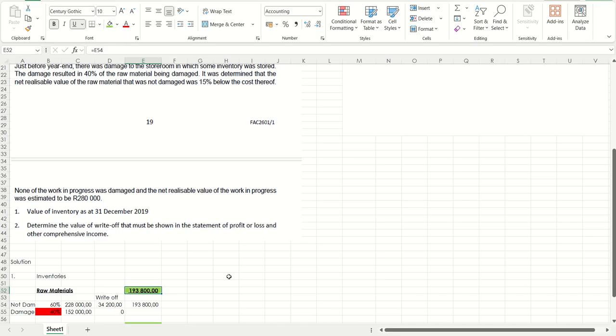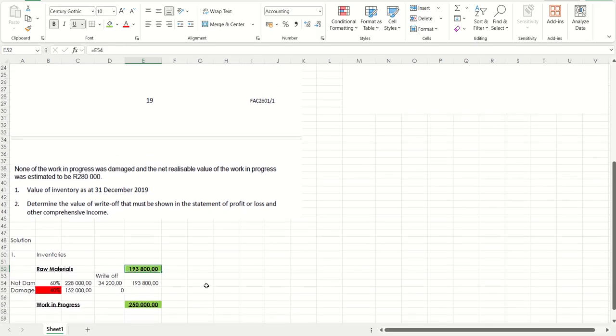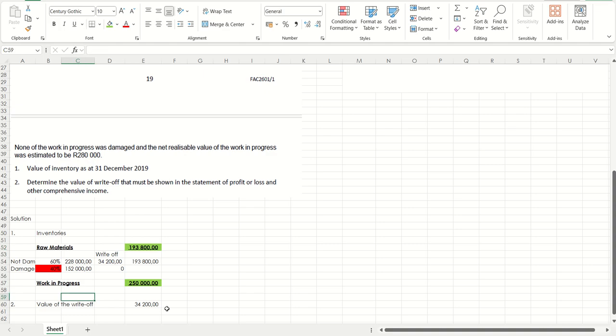I already had a formula here that took out the write-off amount, which is that 34,000, and then the damaged amount as well, which we will not be recovering, 152,000. So that's how much we will write off the raw materials.